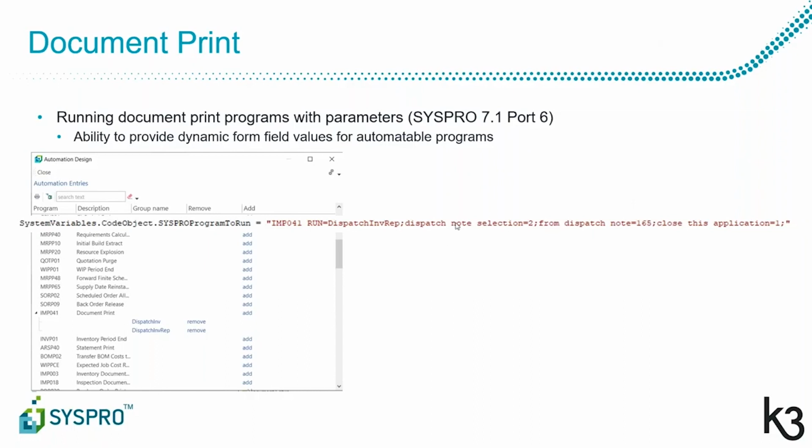So within this piece of code here, I'm actually setting the dispatch note selection equal to 2, I think it's 2 down or 3 down on the radio buttons, which should be a single dispatch note. And then I put the from dispatch note equal to 165. And then once that's ran, it'll automatically close the application for me. So let's see why that is useful.